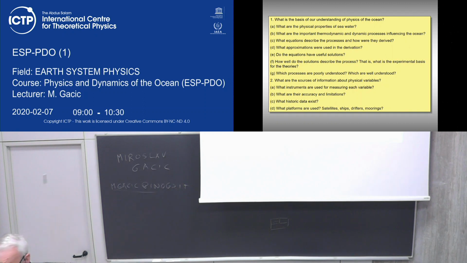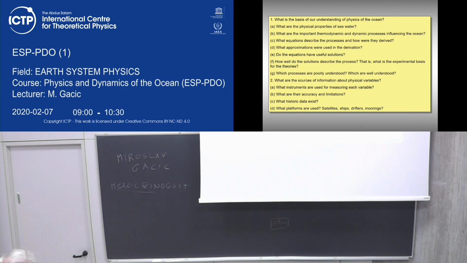What are their accuracy and limitations? This is another very important thing, because accuracy and limitations are essential in deciding what kind of instrument I'm going to use. If I would like to measure the sea level variations, okay, and I know that the sea level variations are on the order of a meter, I don't need in that case the accuracy of 1 millimeter, okay?